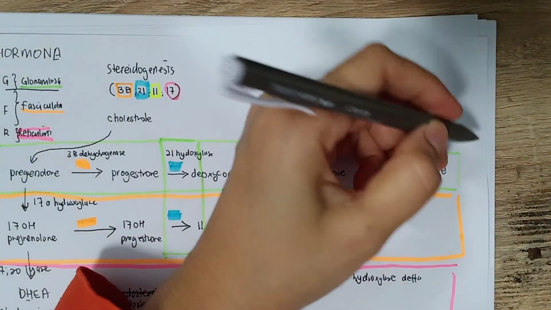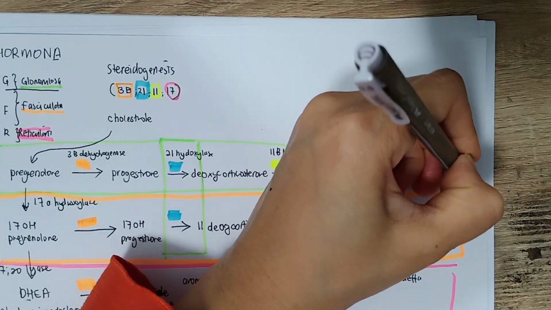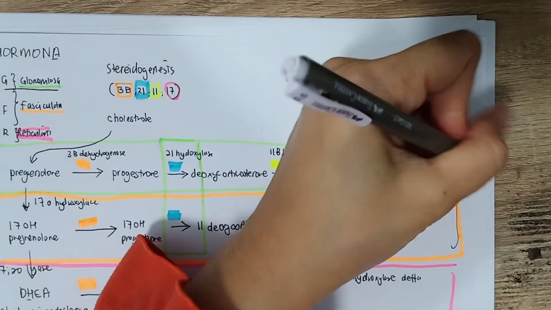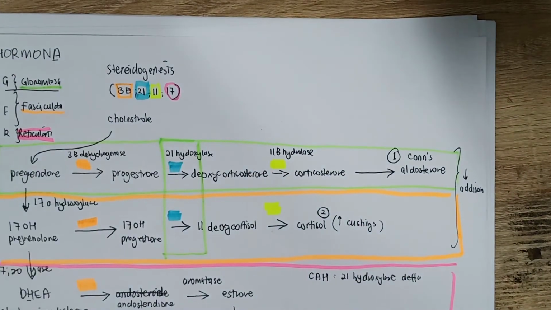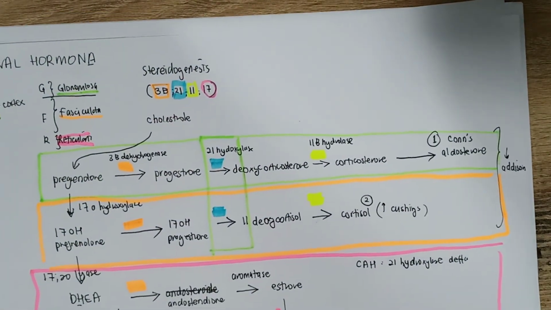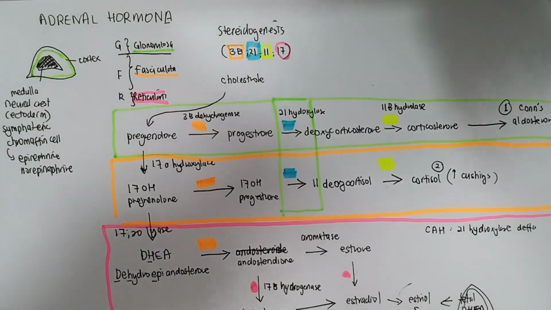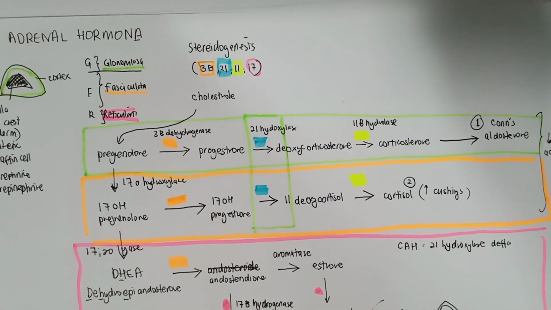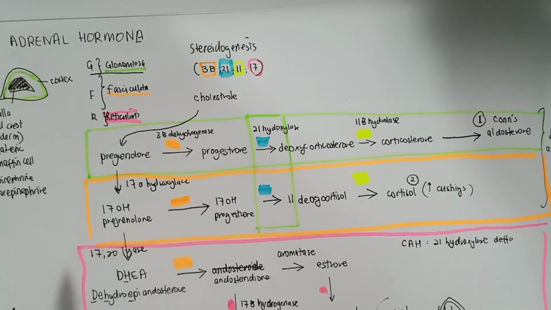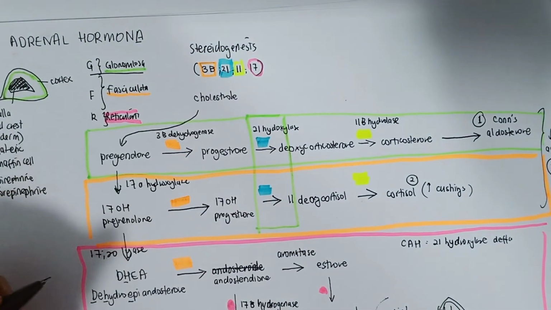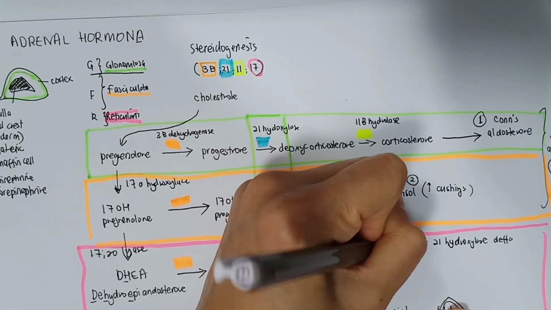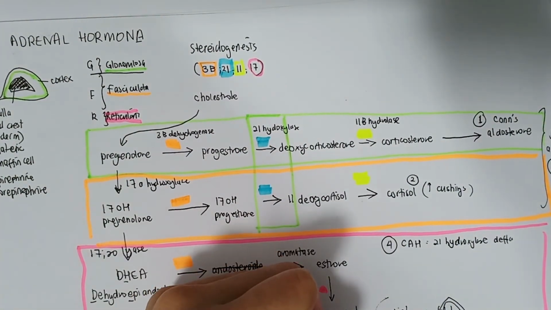If we have reductions in both aldosterone and cortisol, we'll have Addison disease, which is the primary adrenal insufficiency. So looking at this, we can have five abnormalities: Conn's, Cushing, Addison, CAH, and 5-alpha reductase.